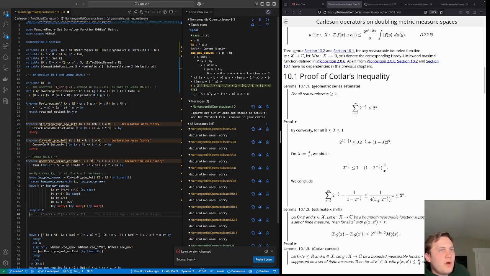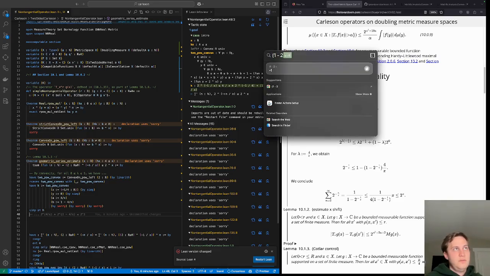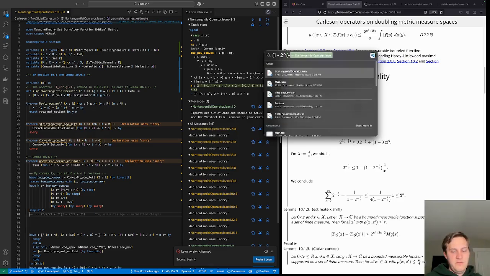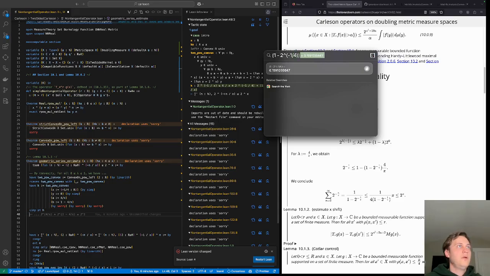The point is that 1 minus, okay, let's try and work out exactly what this is using our trusty calculator. 1 minus 2 to the power of negative 1 over 4. So this is like 0.15. If I multiply by 4, this is 0.636.